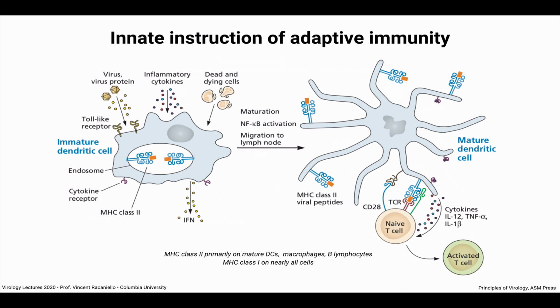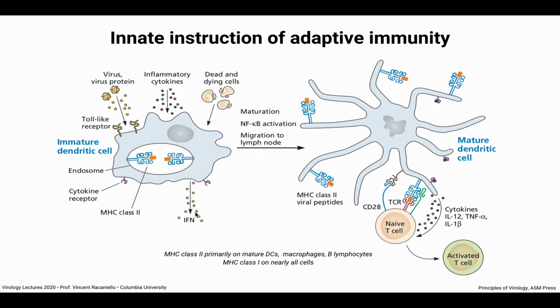Last time we talked about how the innate immune response instructs adaptive immunity. And let's review that and take it a little bit further today. Remember, we have a virus infection going on in our example that we showed just a little while ago. It's infection of an epithelial sheet, could be anywhere in the body. The cytokines produced have attracted immature dendritic cells to the infected area, and these cells bear a number of receptors, such as toll-like receptors, cytokine receptors. They have MHC class II in their endosomes.